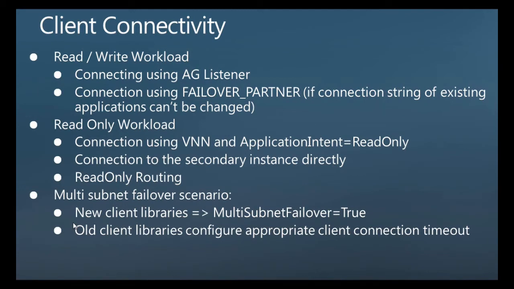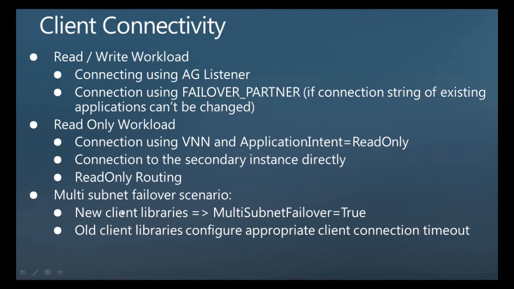Or you can leverage another feature called the read-only routing feature. So you can connect through the virtual network name, the AG listener actually, and put application intent equals read-only in the connection string. So when the primary gets this request, it will redirect it to the first available readable secondary. So basically you offload your read workloads to your secondaries.